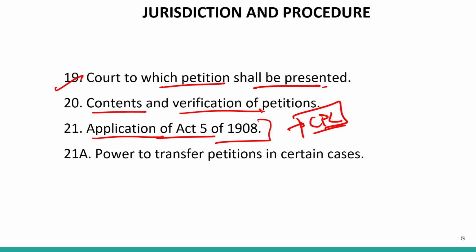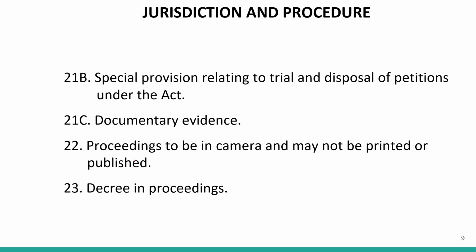So even if there is a marriage, there is a divorce petition that has been put up in question in the court, then the procedure that has to be followed will be the code of civil procedure that will be made applicable. And power to transfer petitions in certain cases, that is also we're going to summarize and understand.